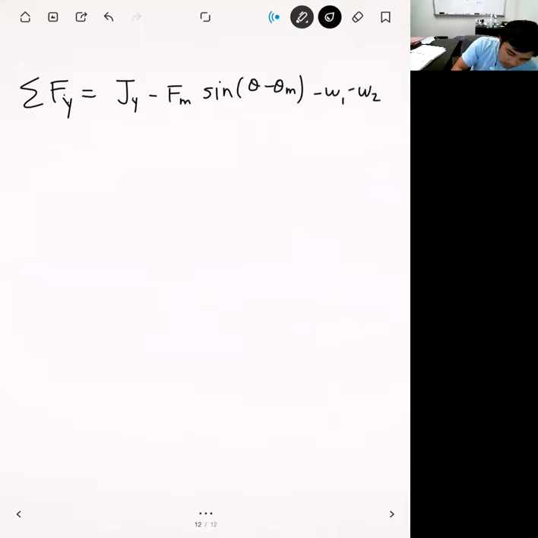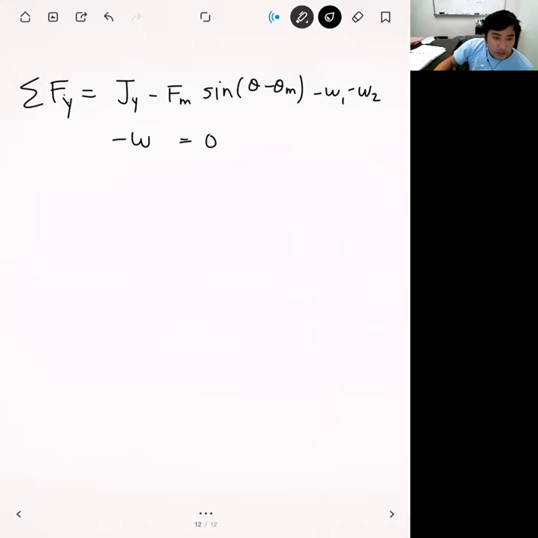And so the sum of the forces in the y direction is equal to Jy minus Fm sine of theta minus theta m, minus w1 minus w2 minus w, and all that's going to be equal to 0.